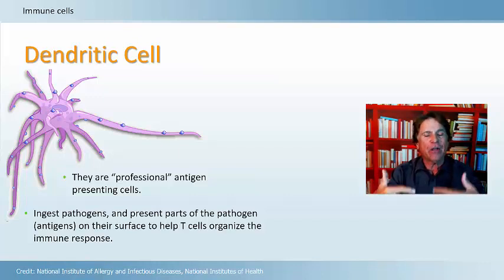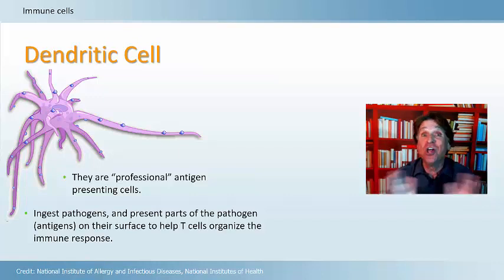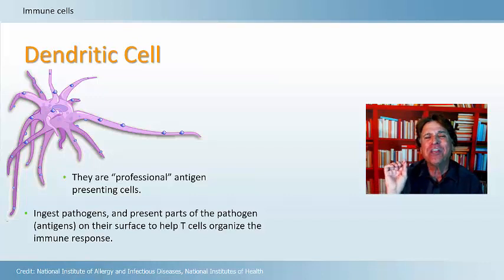Remember the general that organizes the immune response? And it helps the T cell organize the best defense against these detected pathogens. And there you have it, an overview of some, not all, but some of the important white blood cells that are part of your immune response.